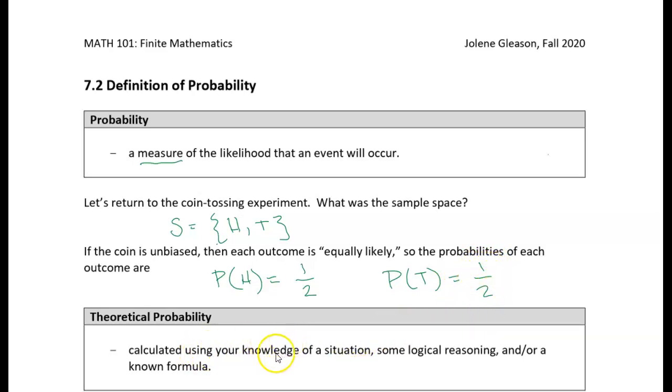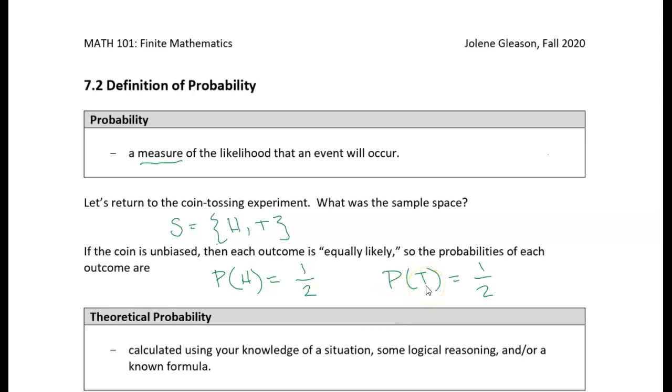Okay, so that's an example of theoretical probability. We're just using our knowledge of how coins work and some reasoning to come up with these probabilities. But let's say we didn't know how coins worked, and we were given the task to figure out what the probability of heads was.